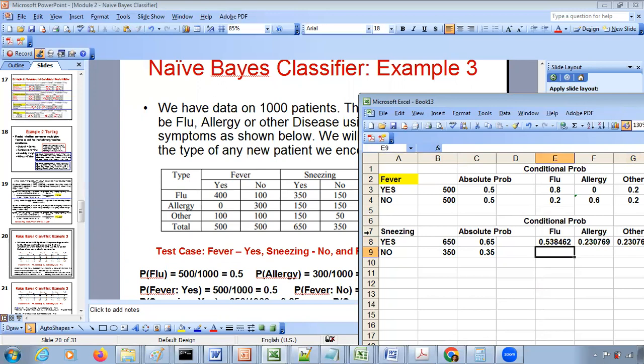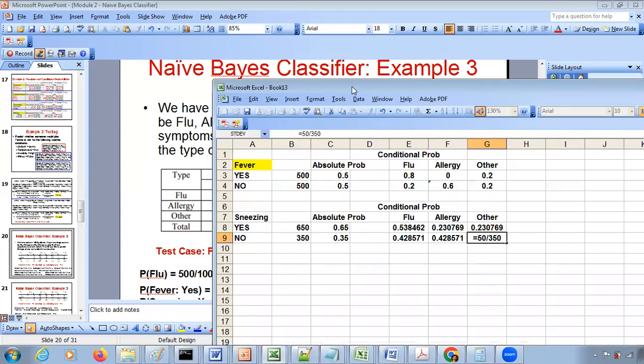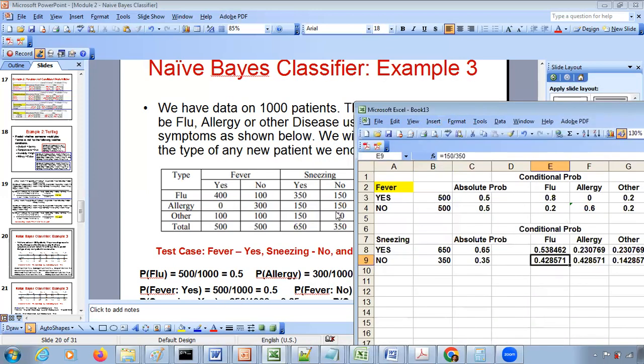Then out of the 350 who reported no for sneezing overall, 150 had flu, 150 had allergy, and 50 had other diseases. So 150 over 350 for flu, 150 over 350 for allergy, and 50 over 350 for other diseases.